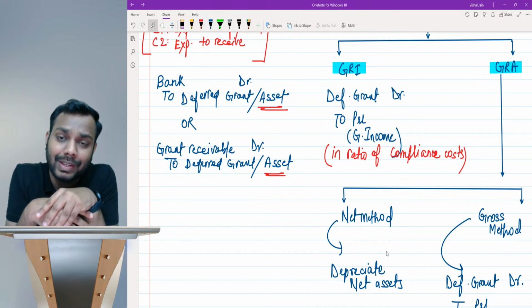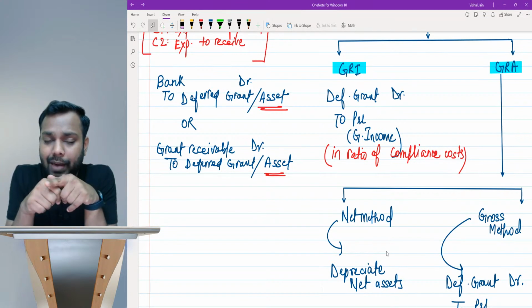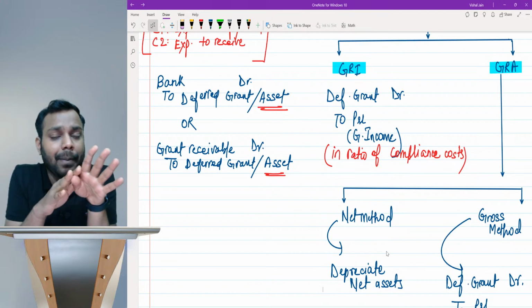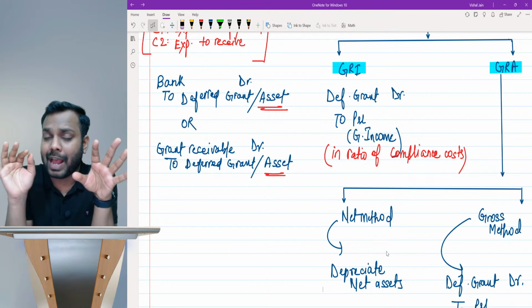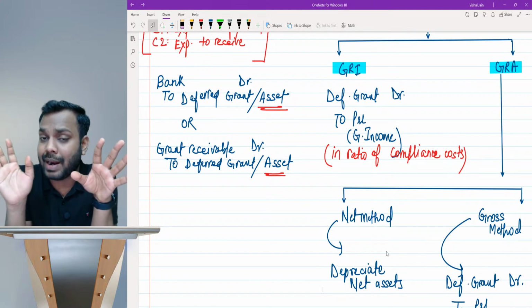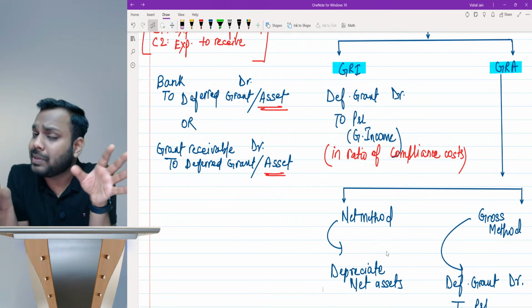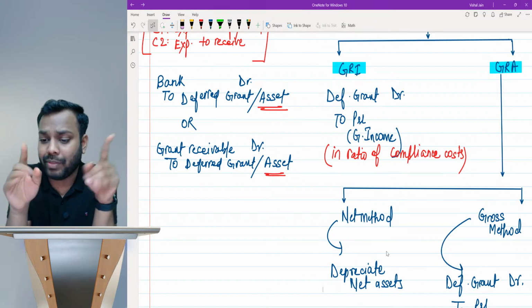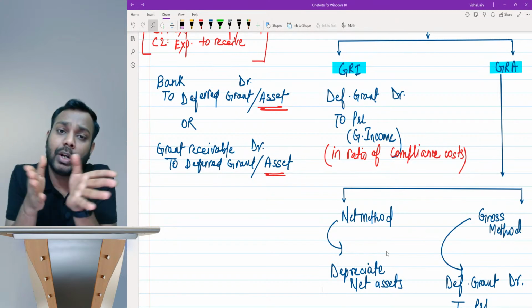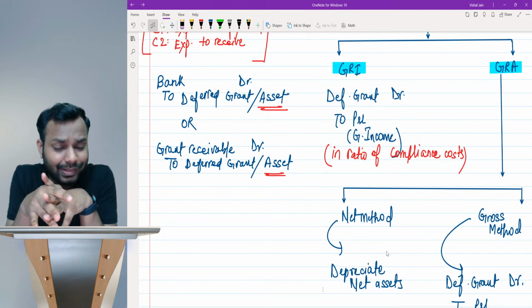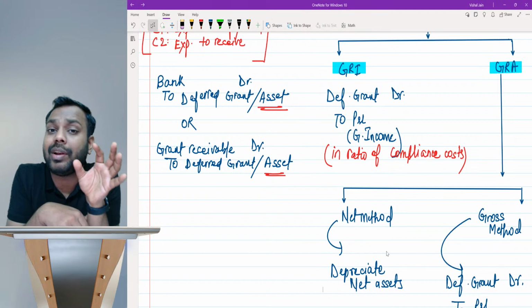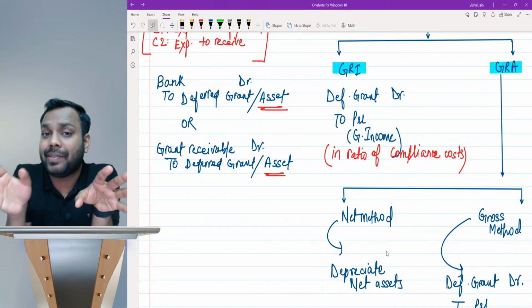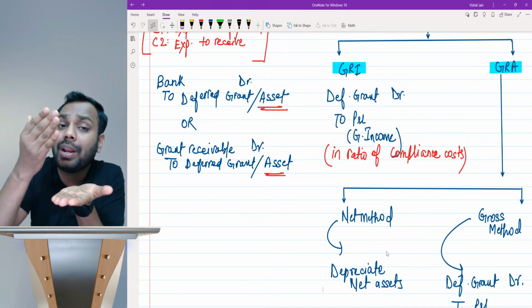Method number one, the gross method: I depreciate the $10,000 asset separately, and I recognize the $1,500 grant as grant income separately. Method number two, the net method: 10,000 minus 1,500 is 8,500, the value at which I recognize the asset and depreciate it. Basically, your depreciation cost will reduce.